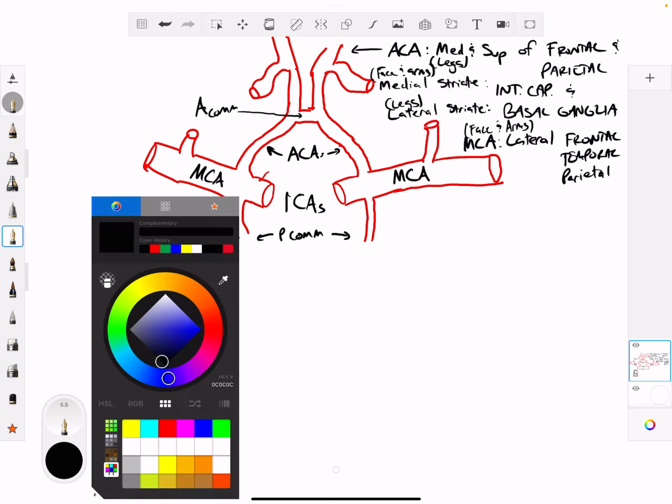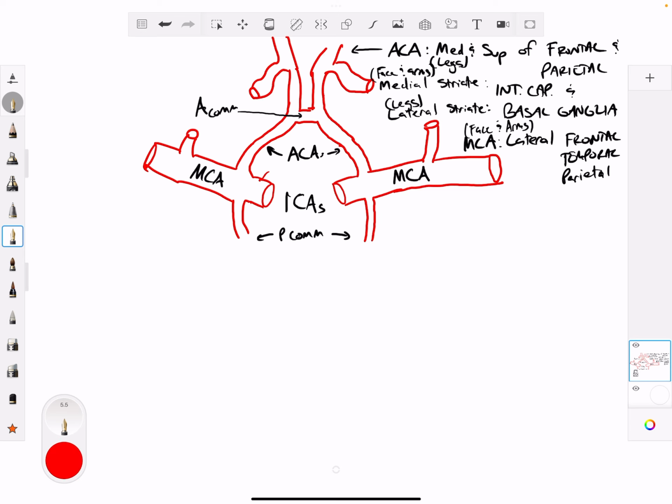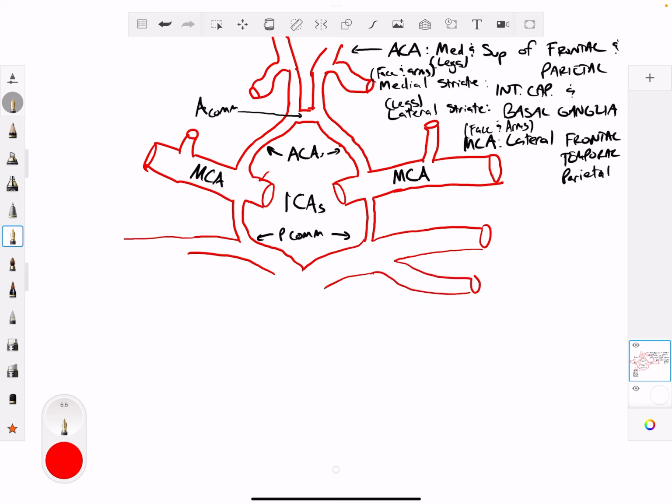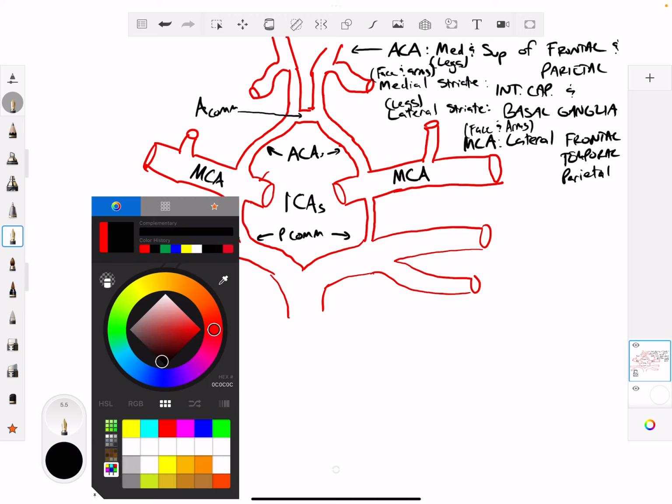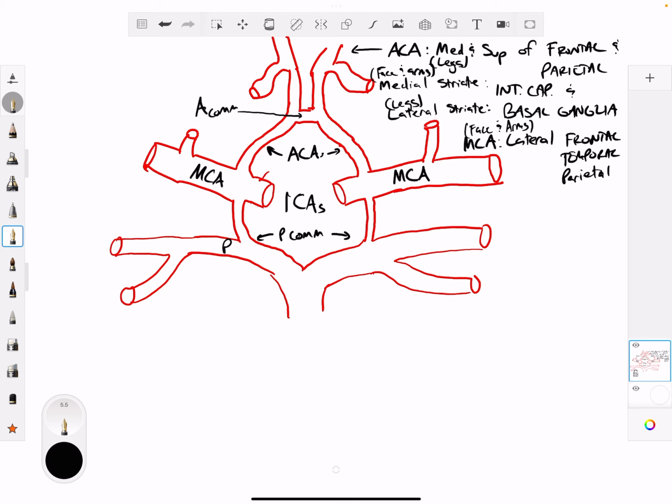Okay, let's continue along the back. So the posterior communicating artery, here we're going to come together, but it's going to attach onto the posterior cerebral artery here. And this will also have a deep division as well. And we can do a little bit of labeling here.